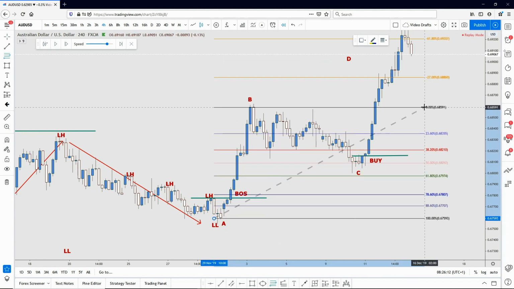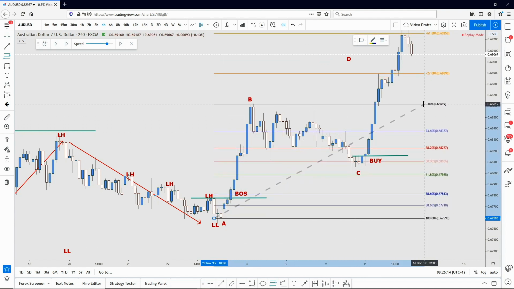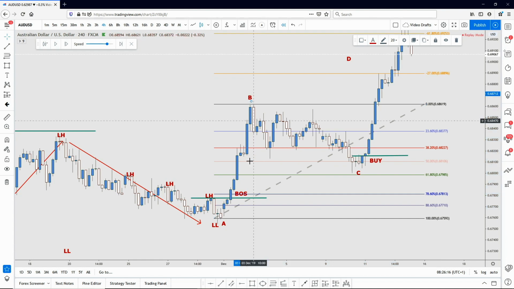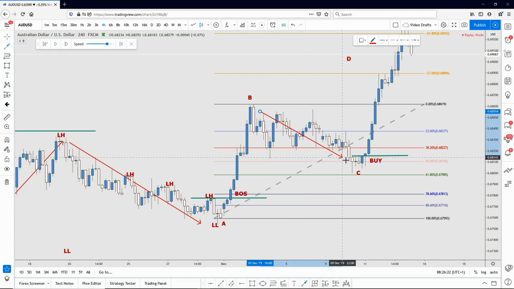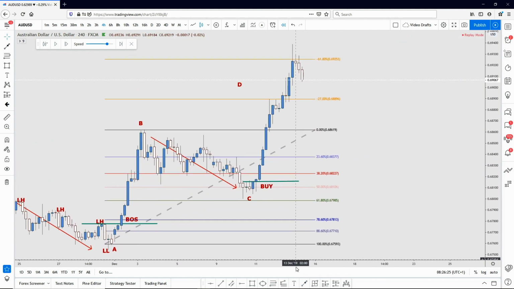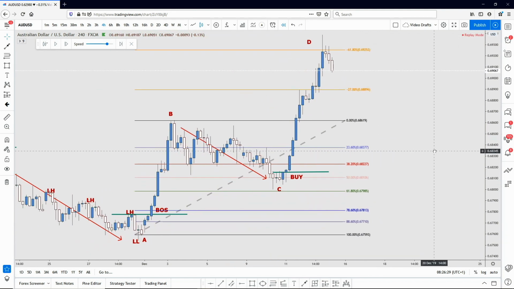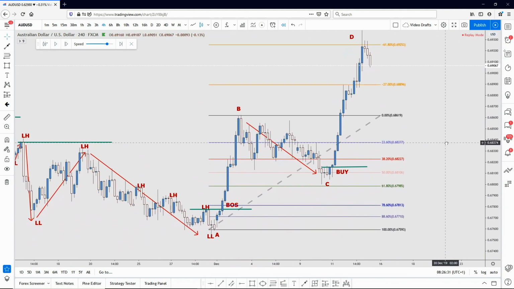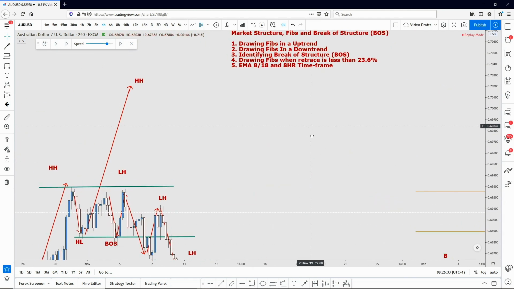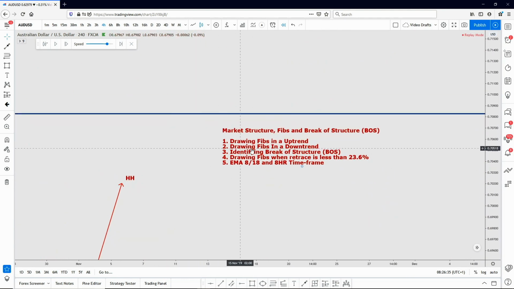Point B is where the impulse wave stops. We start measuring the retracement. And point D is our take profit. So there's a nice recap of the second point that I was trying to teach here.